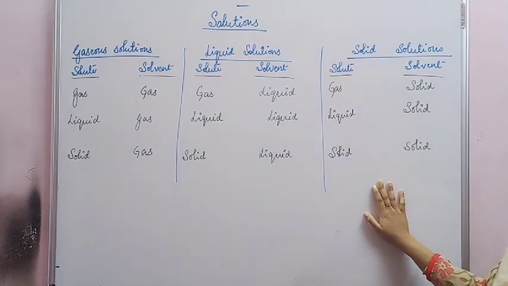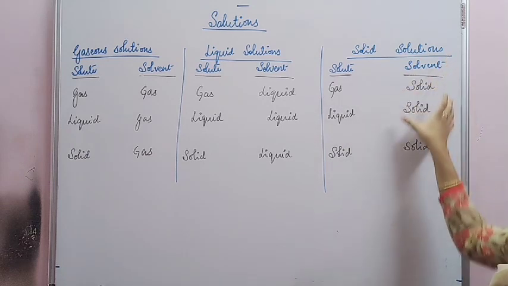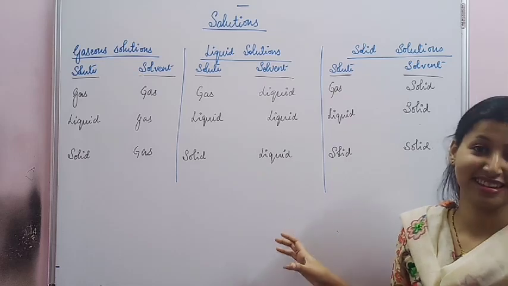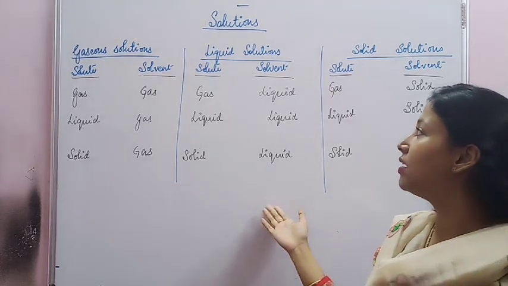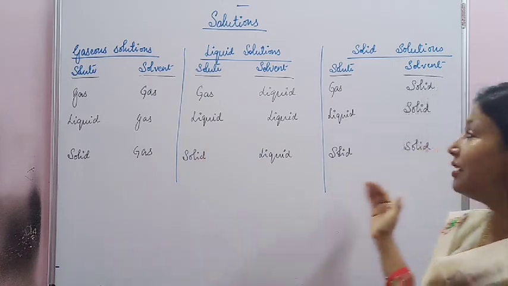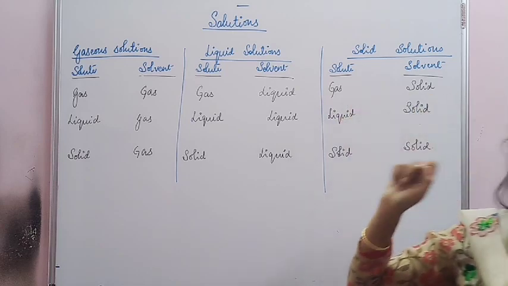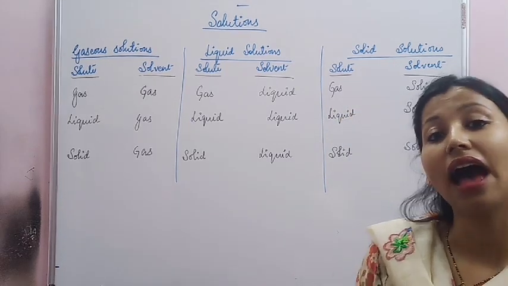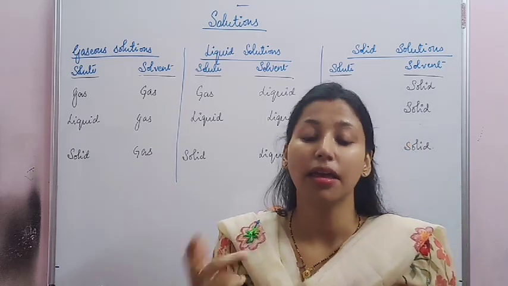Let's come to the last category, that is solid solutions. That means my solvent should be solid. Now this is something that is new for you, though you observe these almost every time. Let's discuss this. Gas dissolved in solid. An example of this is hydrogen gas dissolved in a metal like palladium.